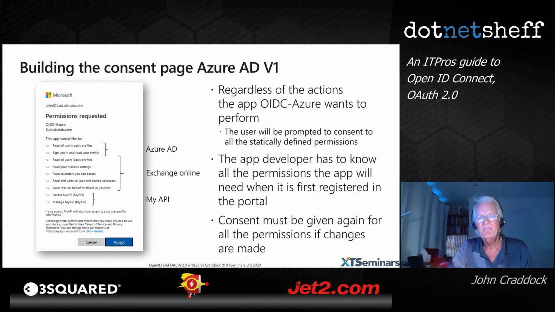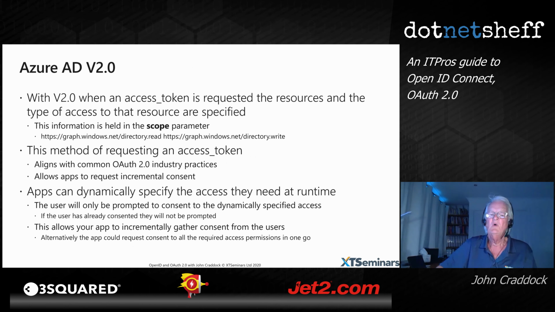With the V2 model, what you do is you say, please, can I have an access token with a particular scope? And the scope defines the resource you want to go to and the permission to that resource. So here we could ask for an access token with a scope of graph.windows.net/directory.read.